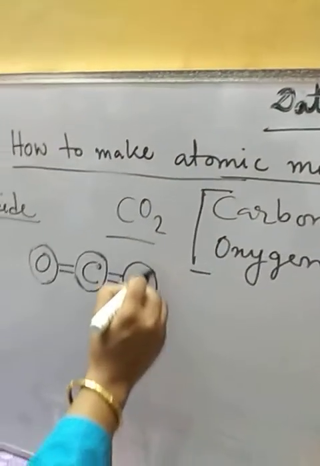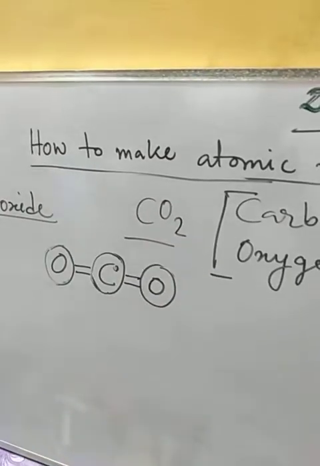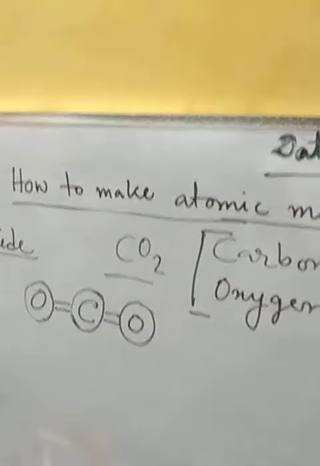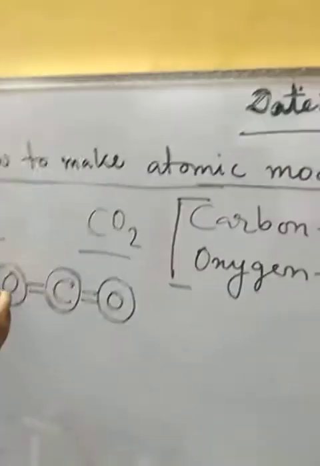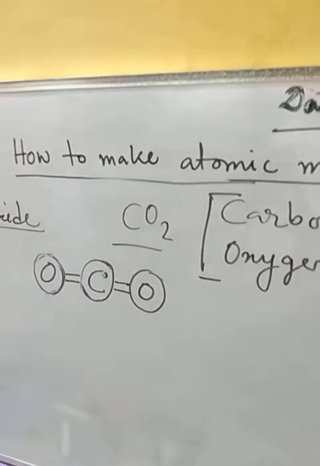For oxygen in the same manner, this is the red ball, and on that you have to write the symbol of oxygen, so that it can be understood that this is oxygen, this is carbon, like this.